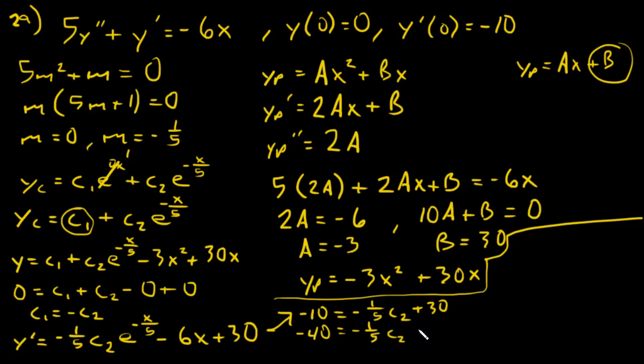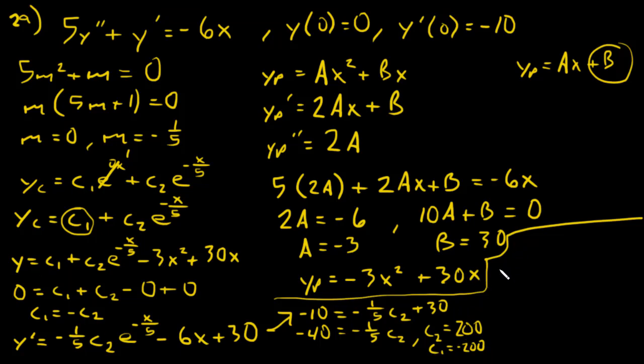That means that c2 equals 200. And that also means that c1 is negative 200. Alrighty, so now I have my c1 and c2 values.